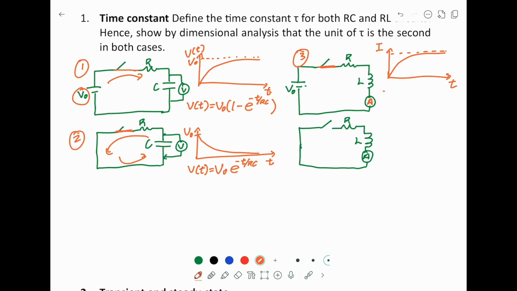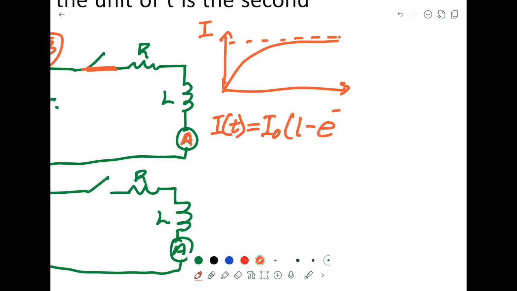And the current as a function of t is equal to I0 times 1 minus e to the power of, be careful, this is L over R, or I should rewrite this one as minus tR over L.